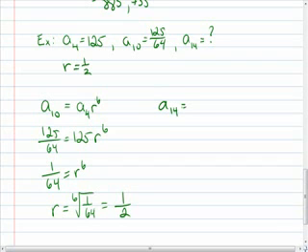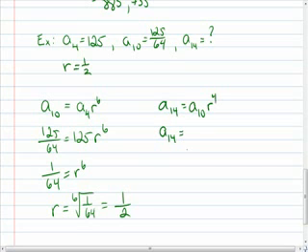Come up with one. We just related the 10th and the 4th term. Can't you relate the 14th term to something else we know? How? How's it related to the 10th? R to the 4th. And we know what R is now.